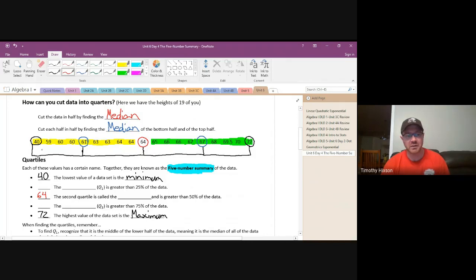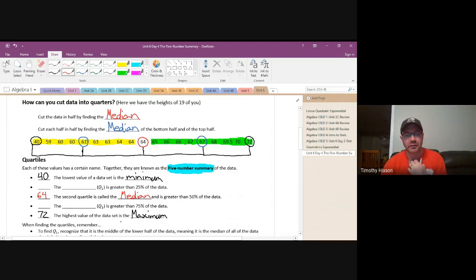The maximum you could call quartile 4, the 4th. Again, no one calls it that. What you may sometimes see people call the median is that second quartile. The second quartile right there, 64, is our median.